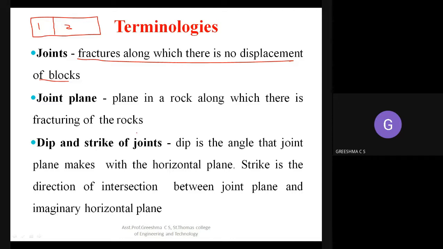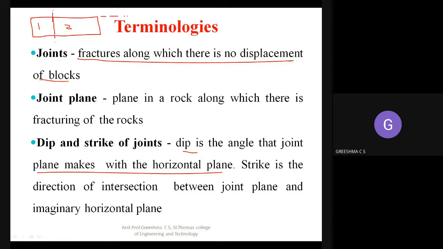Dip and strike of the joints. Dip means an angle. We have studied that dip means angle. Dip is the angle that the joint plane makes with the horizontal. Imagine this is a joint plane, and this is the horizontal plane.